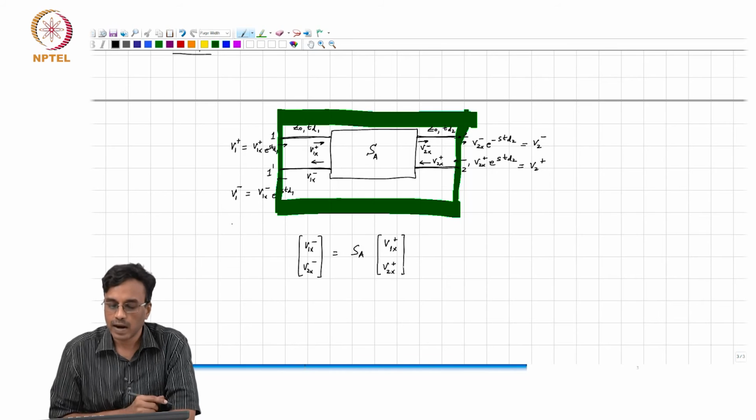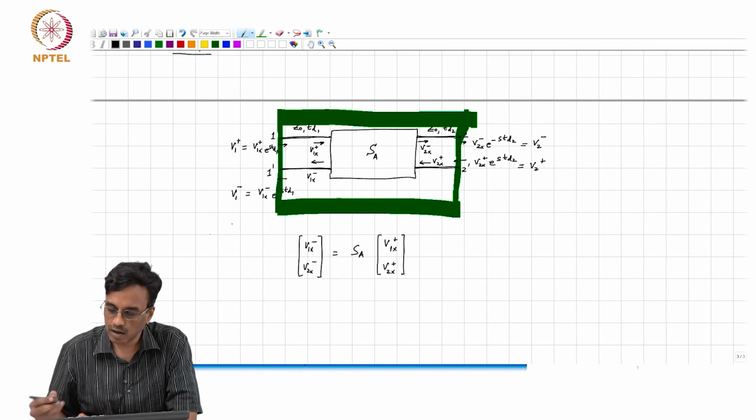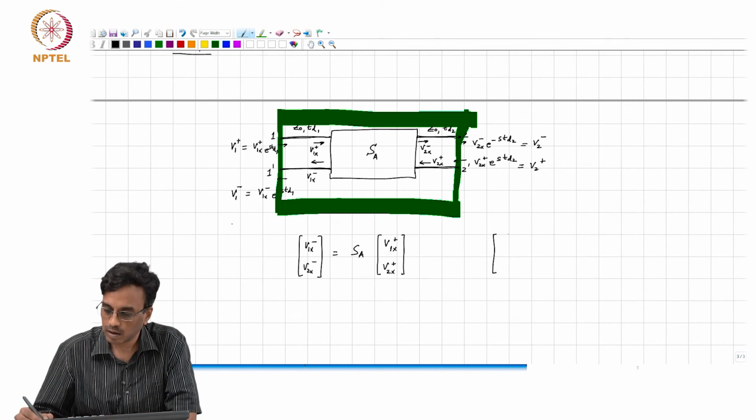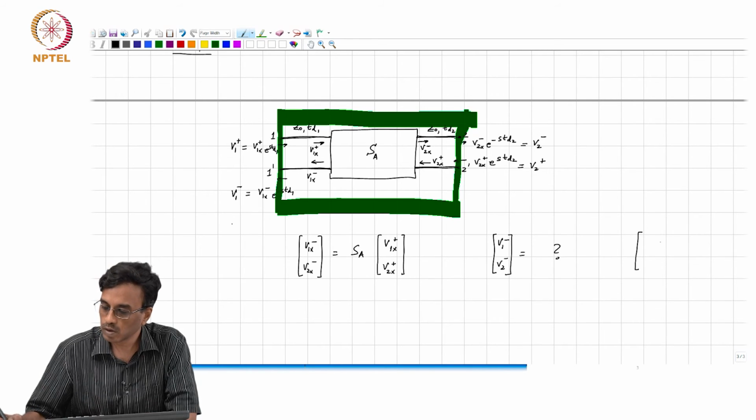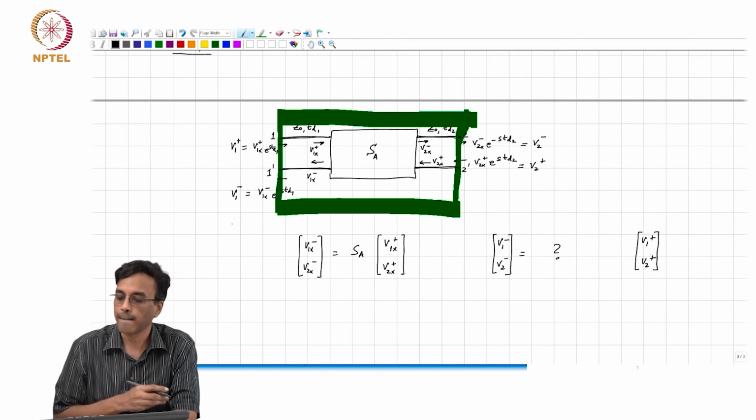All right, and we are interested in finding V1 minus, V2 minus equals what into V1 plus, V2 plus.